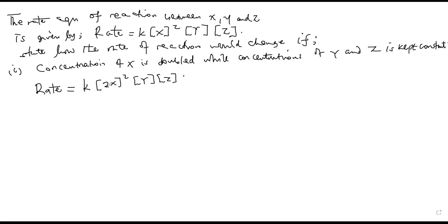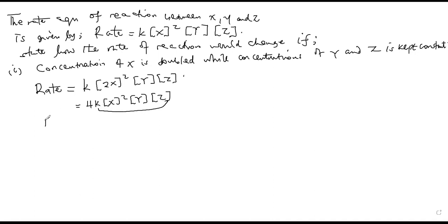It will multiply here. It becomes 4. You pull it out, so it is going to be 4K X squared Y Z. What does it mean? This is what you have initially. So it has quadrupled.